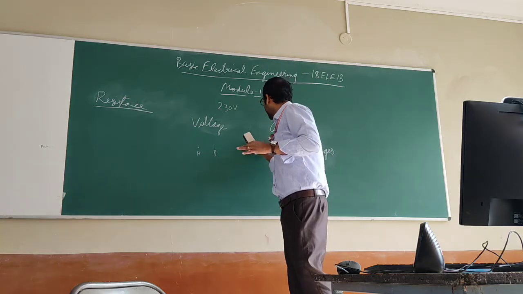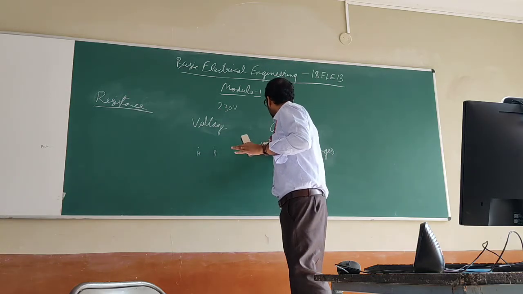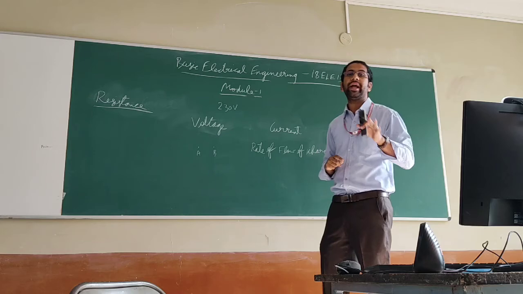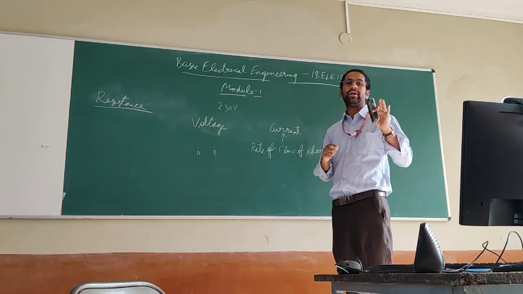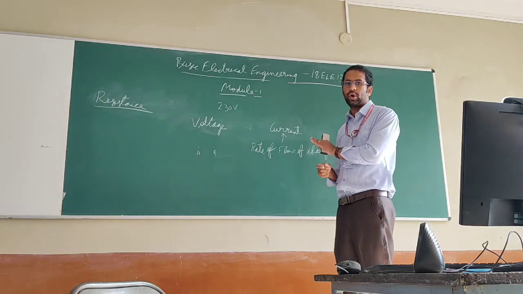That is called the rate of flow of electrons. The rate of flow of charges is called current.